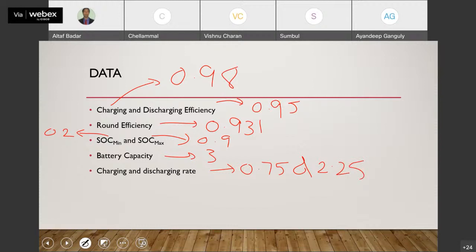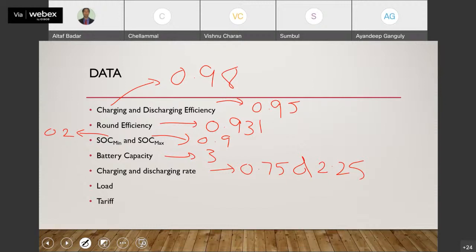That means it will take 4 hours for the battery to fully charge. If I say 0.75, it clearly means it will be able to charge 0.75 kilowatt per hour only, and that means it will take 4 hours for the battery to charge fully. And then obviously I'll be requiring load and the tariff. This we'll see in the coming slides.